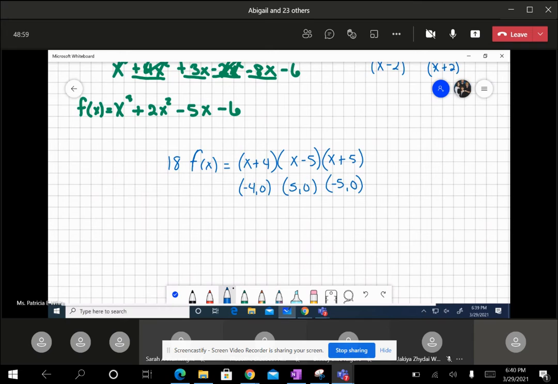We have to set each one of those equal to 0 and then solve. What about my y-intercept? I'm looking for the y-intercept, who's 0?